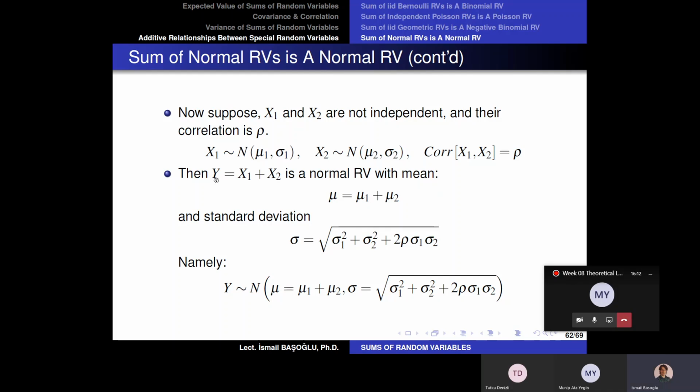Remember now, the variance of the sum is equal to the variance of the first random variable plus the variance of the second random variable, which are respectively sigma 1 square plus sigma 2 square in normal distribution, plus 2 times the covariance, right? Now we have 2 here, and how can we calculate the covariance? By multiplying the correlation with the square root of the product of the variances, which are the standard deviations, okay?